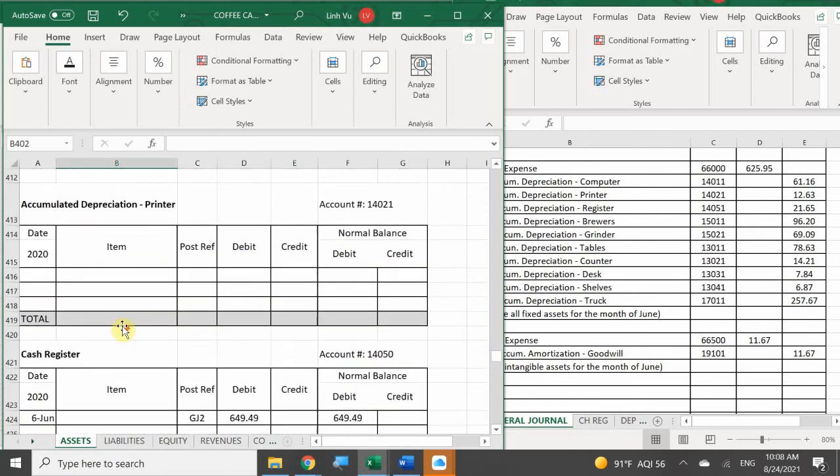Okay. Next is the printer. General Journal 23 for $12.63 for the accumulated depreciation for the printer.